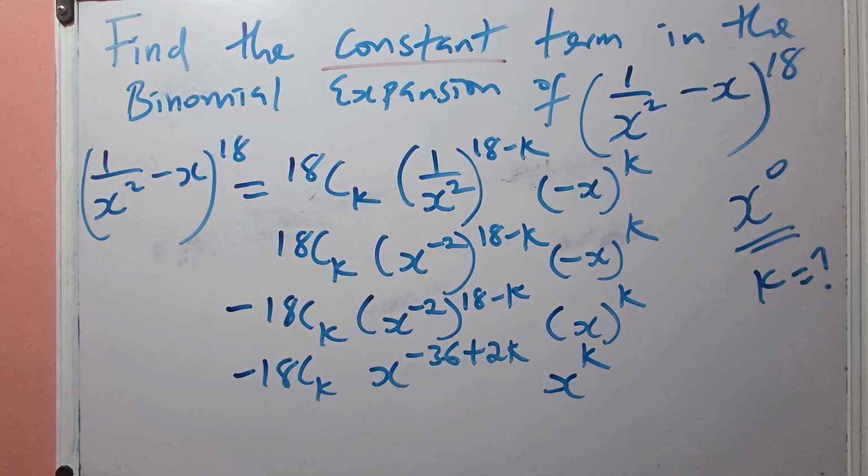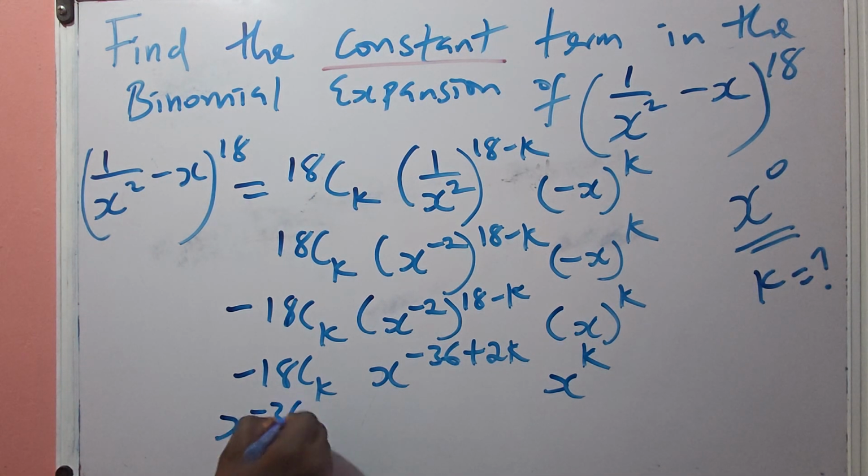Now you don't have to sweat so hard on that. It's not something you have to be permutating or looking for, trying different values. You don't have to do that. Just make use of your understanding of indices, and this is it. You're looking for this. This is the argument you are trying to solve.